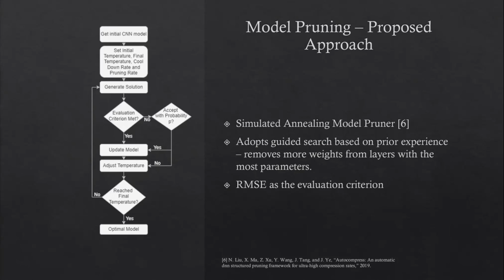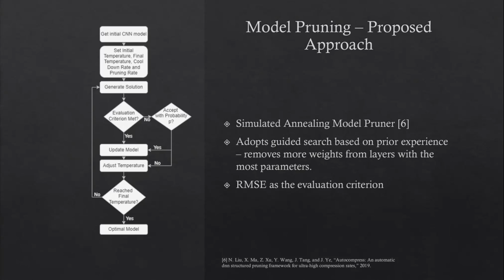If they are, you update the model. If not, you see if it is accepted with a specific probability. If it doesn't, you just adjust the temperature until a final temperature is reached. That is the basis of simulated annealing. It is supposed to be stochastic and to find the optimal solution for a general problem.